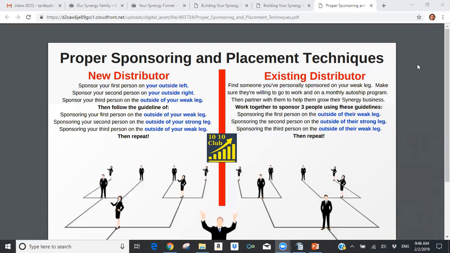Like, I've got you and I've got Arnold and I've got Judy. I've never sponsored Judy, but Judy's in my organization. So I've got key individuals in there that give me a quick look to see where they're at, whether they've got volume on their tracking center one, what their personal volume is. It shows me their volumes on their left side and their right side.